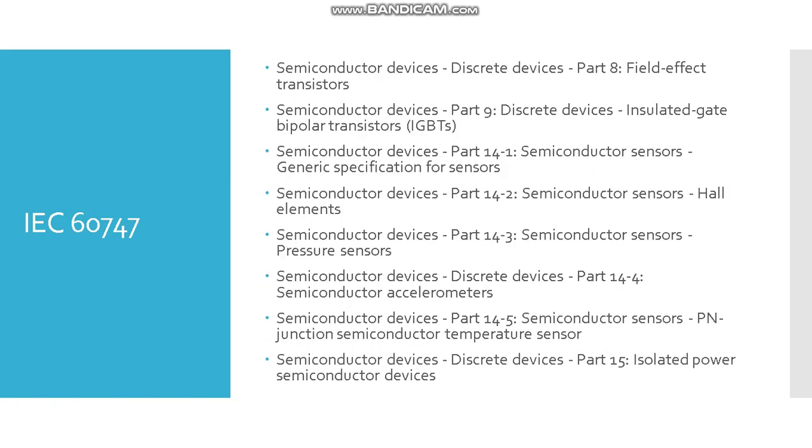Okay. Next is the field effect transistor, the insulated gate bipolar transistor, the generic specification of sensors, the Hall elements, the pressure sensors, semiconductor accelerometer, the junction semiconductor temperature sensors, the isolated power semiconductor devices.